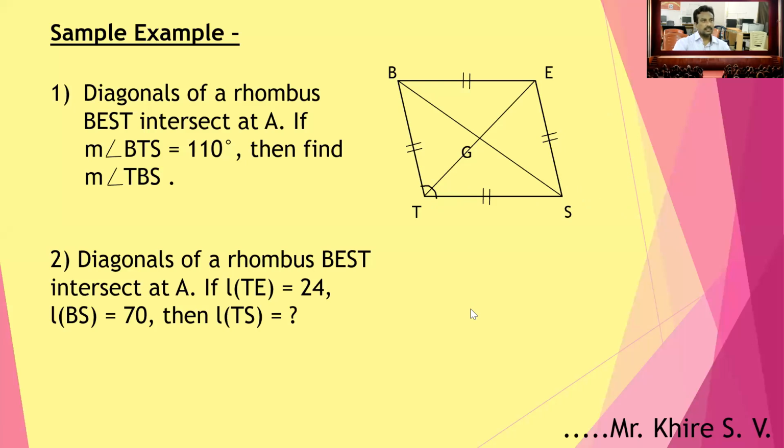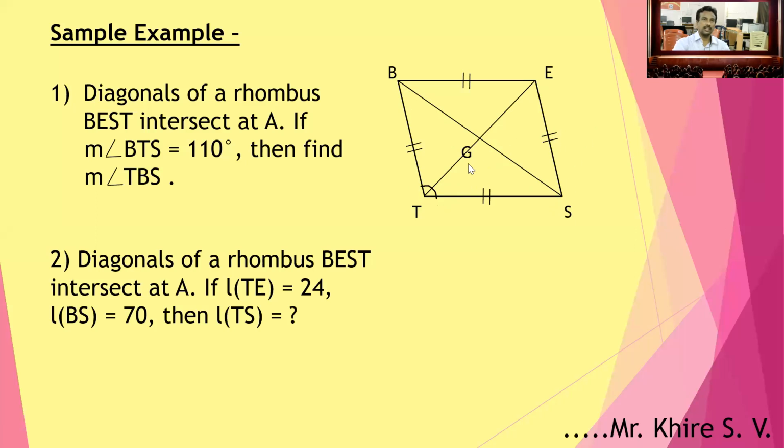Second question: diagonals of rhombus BEST intersect at A. If length TE is 24 and length BS is 70, then find length TS.